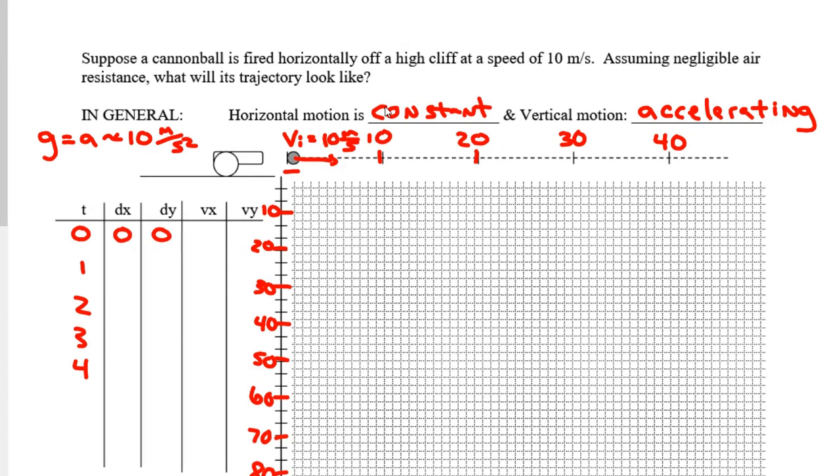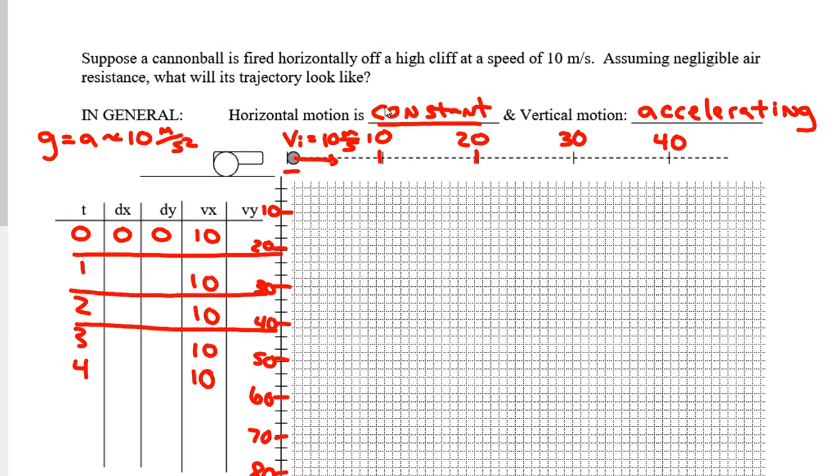And the fact that the horizontal motion is constant means that in the horizontal, it's going to start off with 10 meters per second, and that 10 meters per second is not going to change. So every second of time, it is going to be going at that 10 meters per second. Organize it a little bit here.